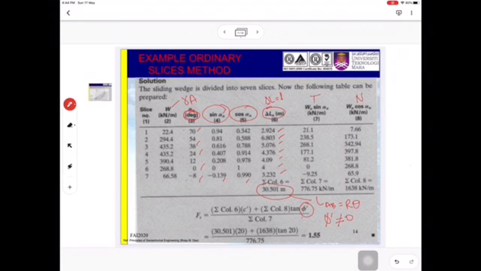We have phi of 20 degrees, so we need to determine N. So the formula is FOS equals C prime R theta plus N prime tangent phi prime, divided by T.